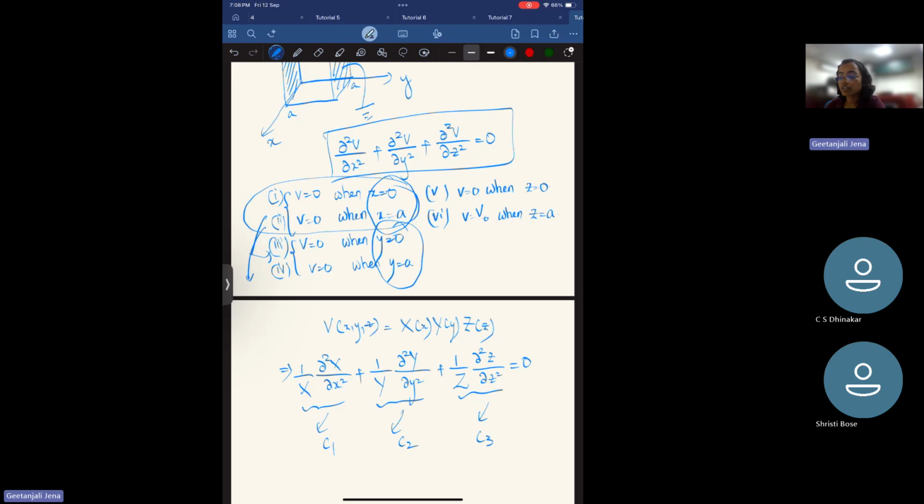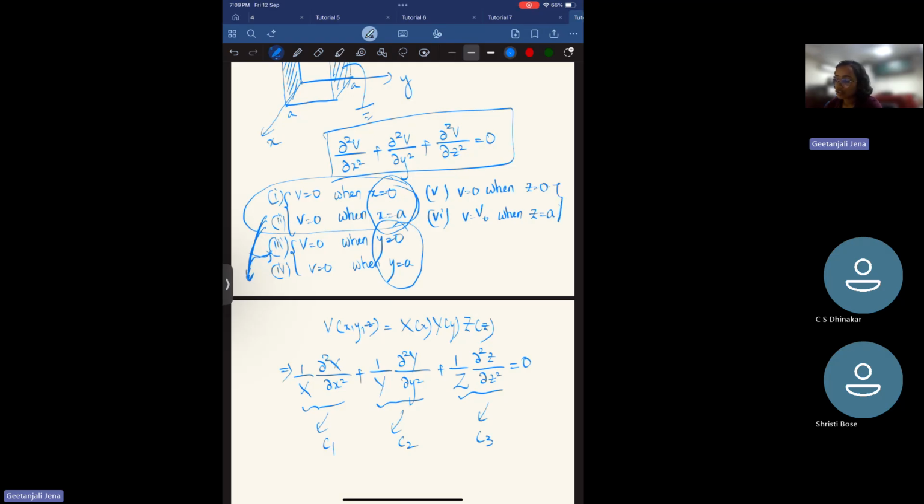It can be zero at one plate, but it can't be zero at the other plate. Generally it is not zero at both plates. That is why for x and y, the sign should be negative. We will get a sinusoidal function.